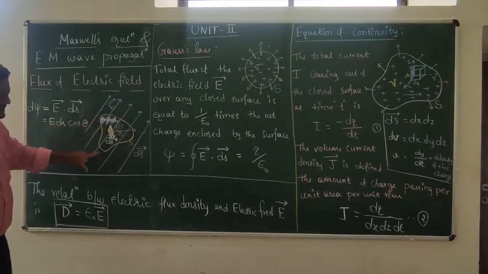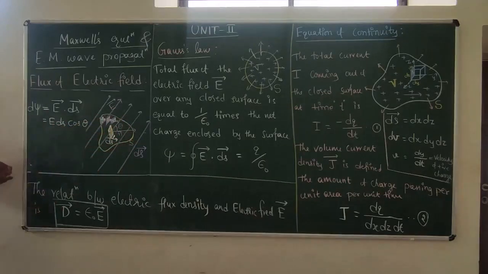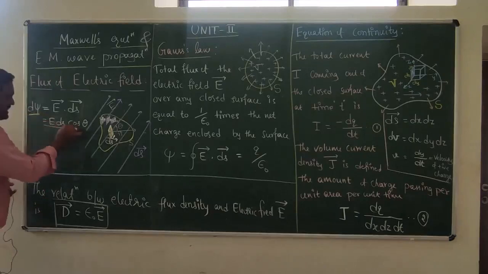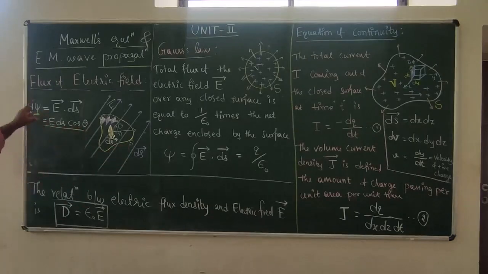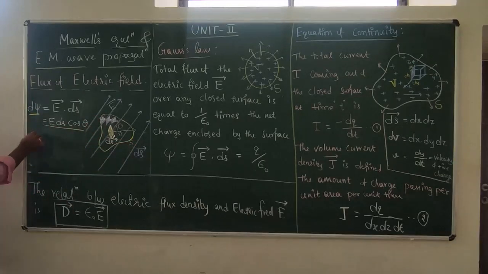Now we are interested in calculating the electric flux through the area S. For that, we integrate this value over the entire surface of area S, which gives the total electric flux through the surface. It is a closed surface integral.